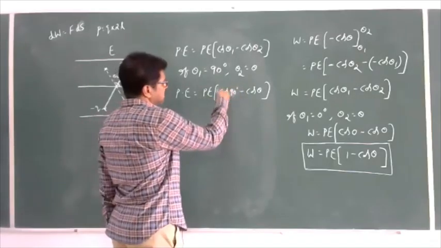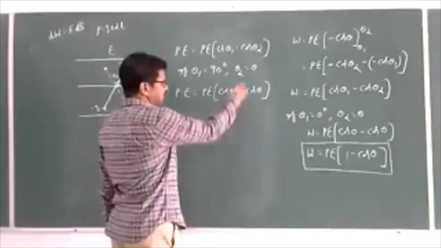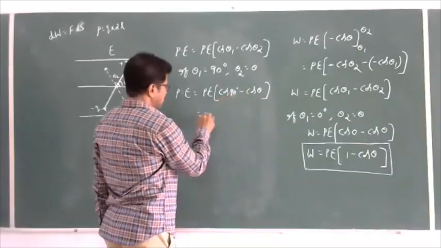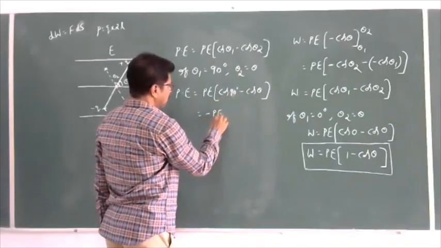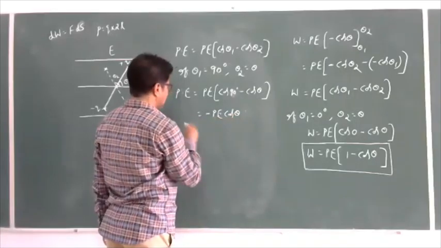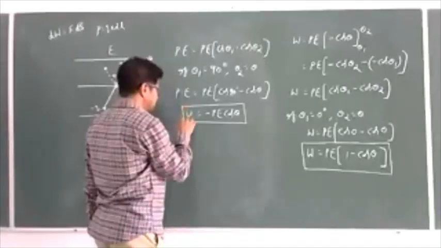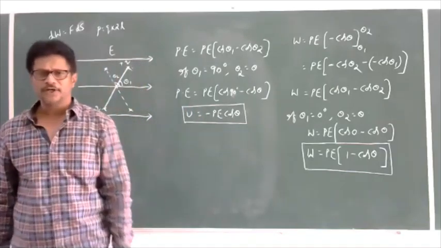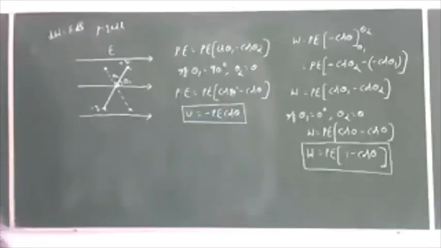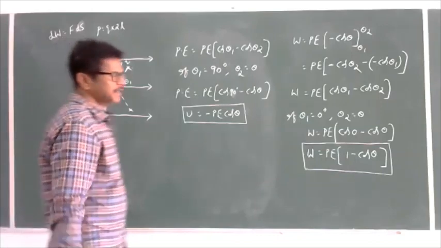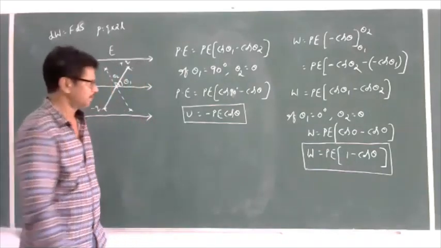Cos 90 is equal to 0 here. Then we have minus PE cos theta, which is the formula to find out potential energy when an electric dipole is rotated in an electric field.